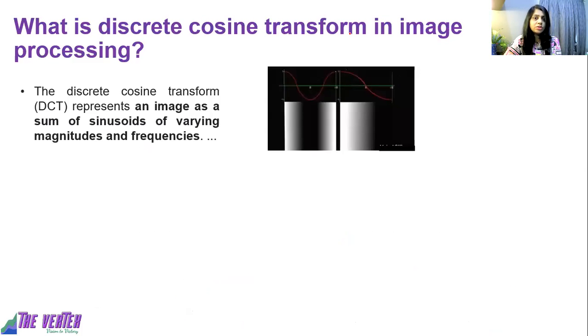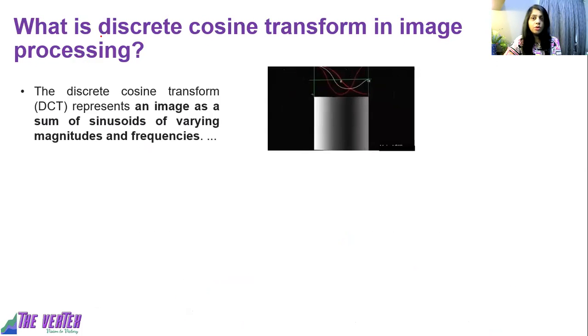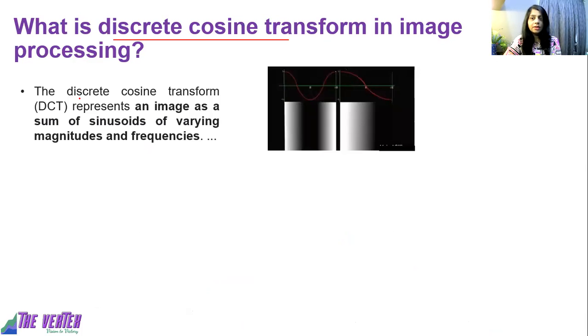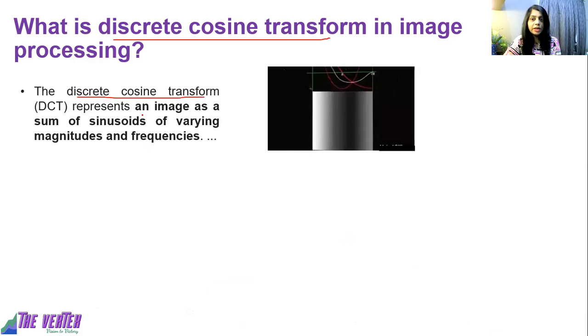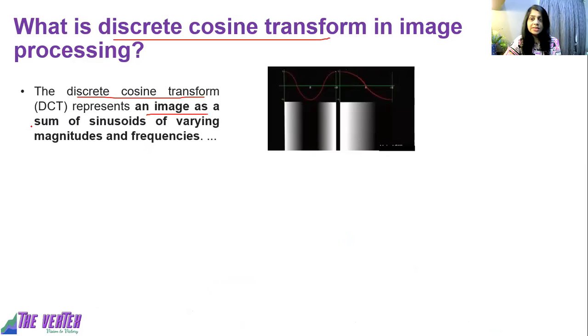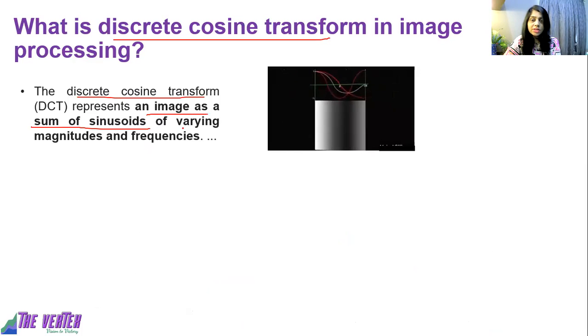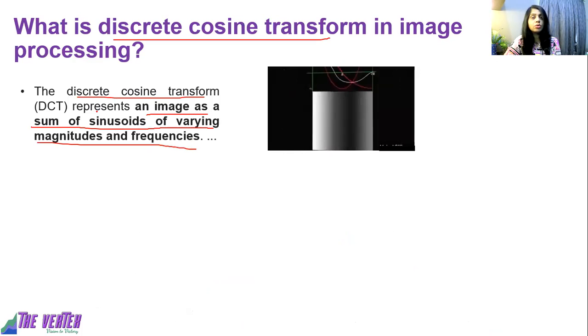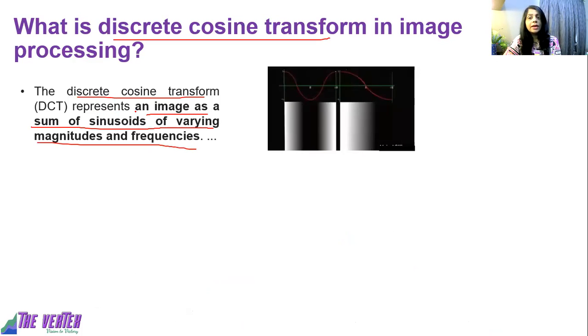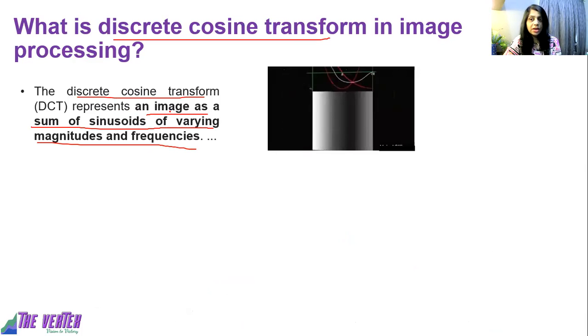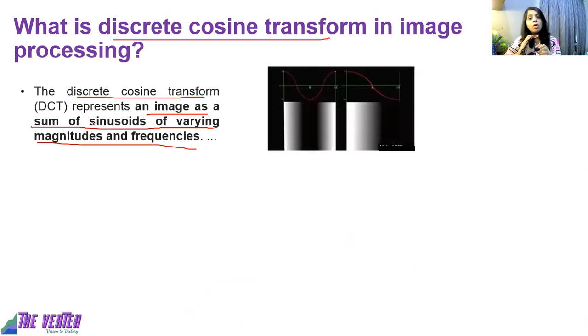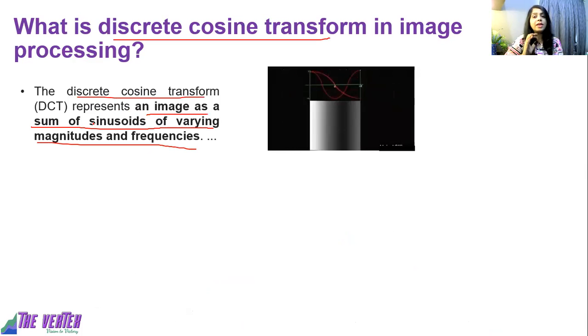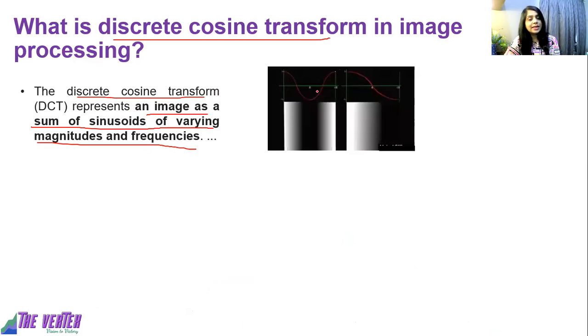What is discrete cosine transform in image processing? The discrete cosine transform represents an image as a sum of sinusoids of varying magnitudes and frequencies. Let's take an example.